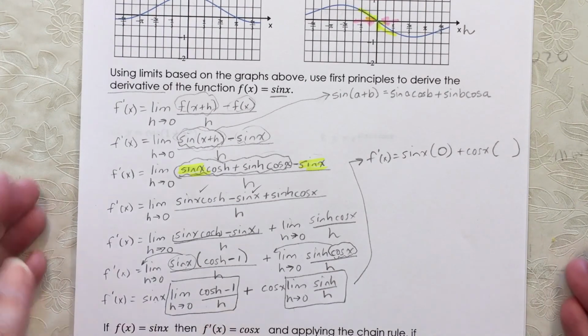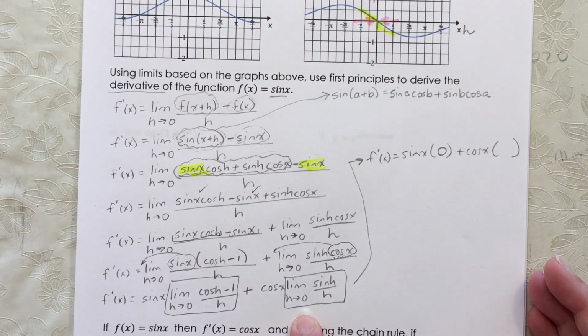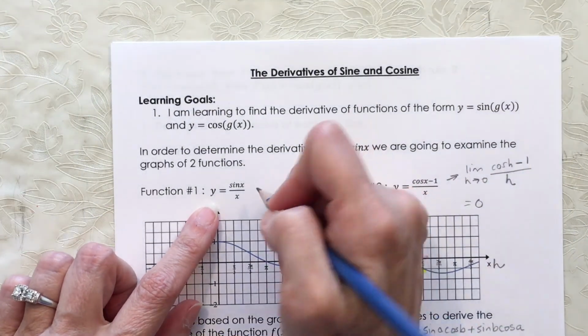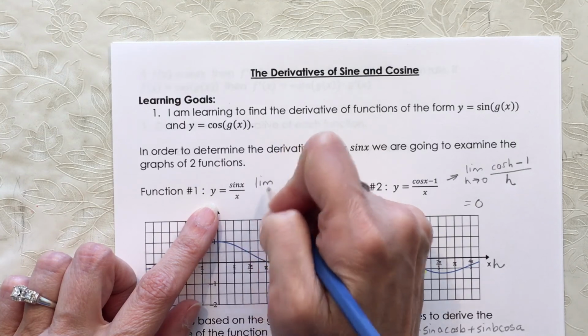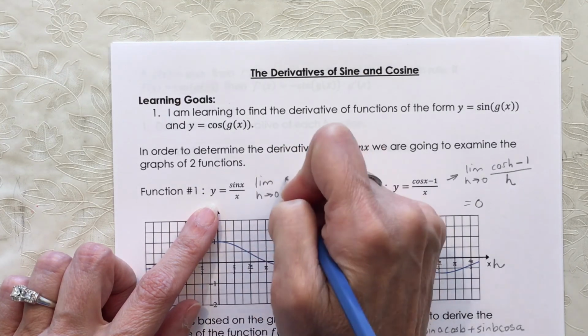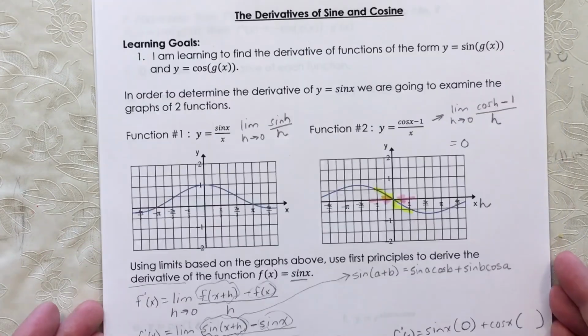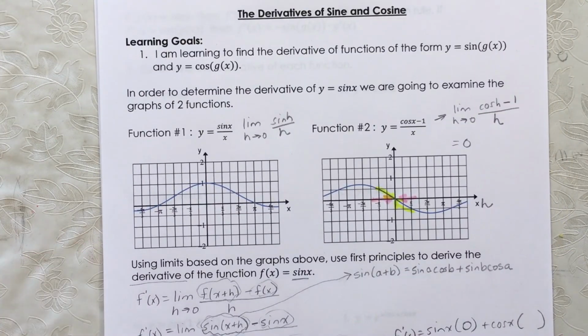Okay? And the second limit we wanted to look at is the limit as h approaches 0 of sine h over h. So this is the graph of y equals sine x over x. So we should be able to, from this graph, figure out the limit as h approaches 0 of sine h over h. So again, let's look at our graph here.